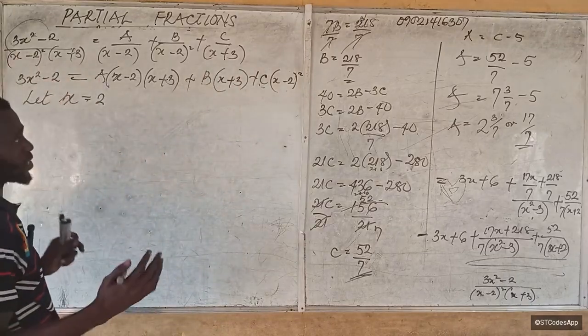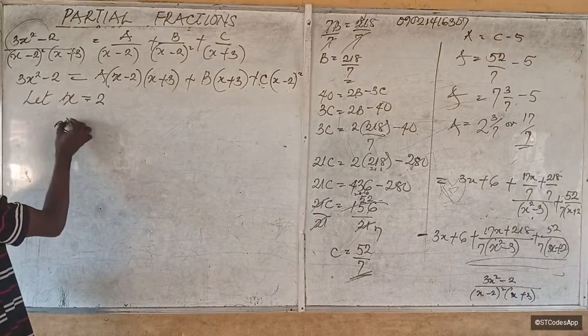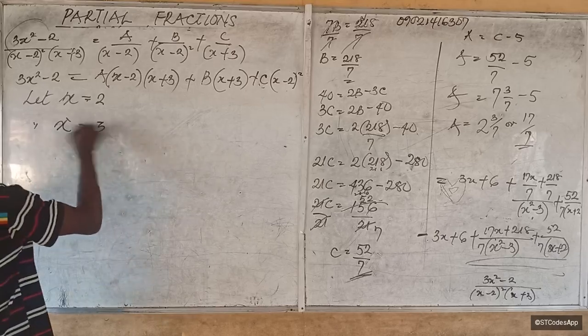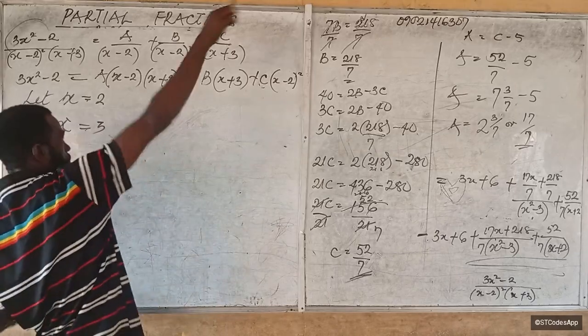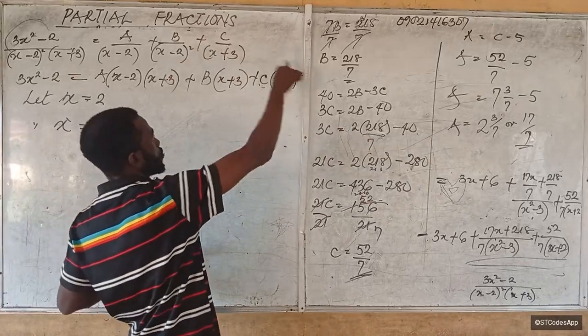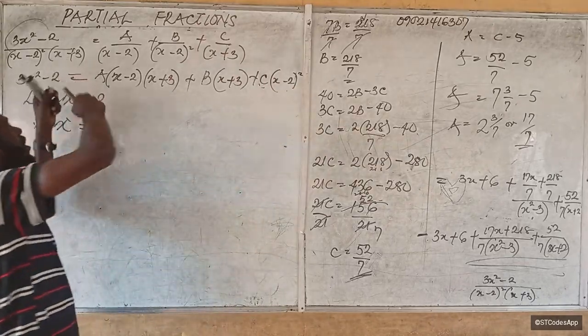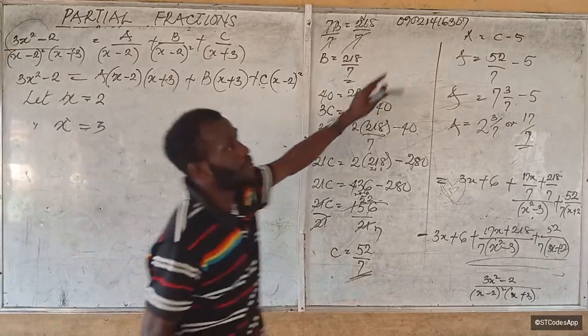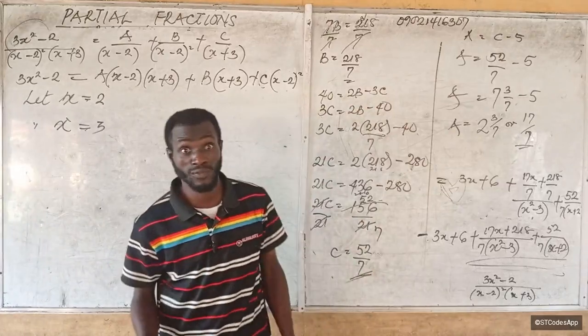Very sweet. Then again, you say let x be equal to 3. By the time you do that, this one will become 0, this one will become 0, you'll be left with this alone, and then you get your answer. Is that clear? Drop your answer to me on WhatsApp or in the comment section if you can.